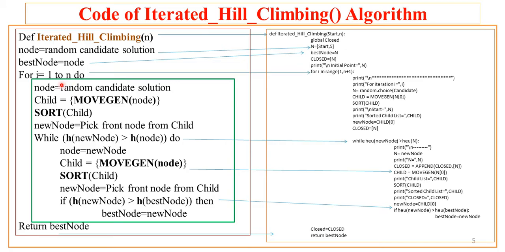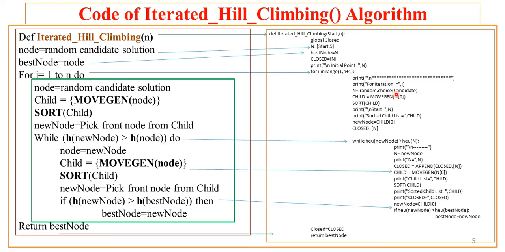Now here our current node is the random candidate solution. The candidate solution is nothing but P, B and C, which is already specified as the global data structure. So this candidate solution will be taken, that means a random candidate solution. From the list of candidates, we have a candidate global list, and from that list we'll extract a random element.